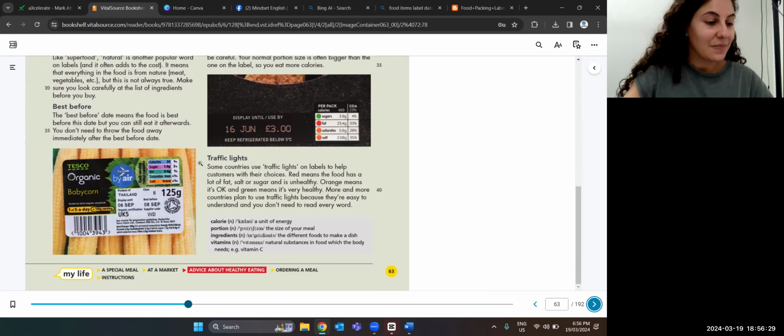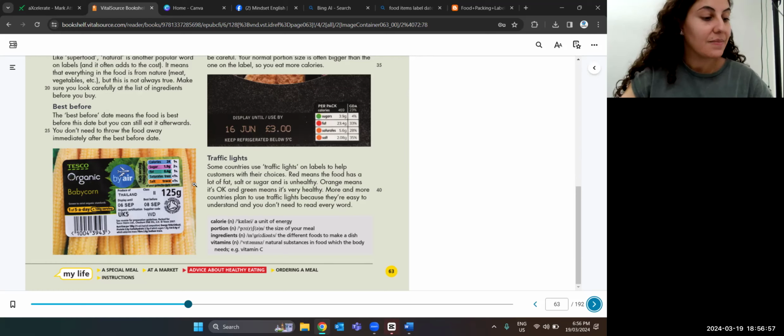Traffic lights. Some countries use traffic lights on labels to help customers with their choices. Red means the food has a lot of fat, salt or sugar, and is unhealthy.